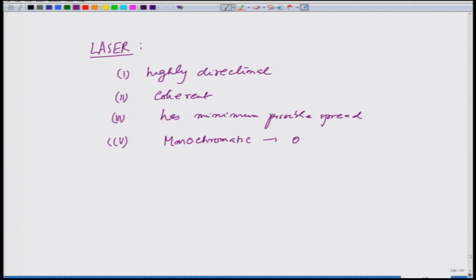That means one frequency. It has one frequency that corresponds to that transition frequency, although there is going to be some spread, but it is highly monochromatic compared to all other lights. So, that is the special properties of lasers.